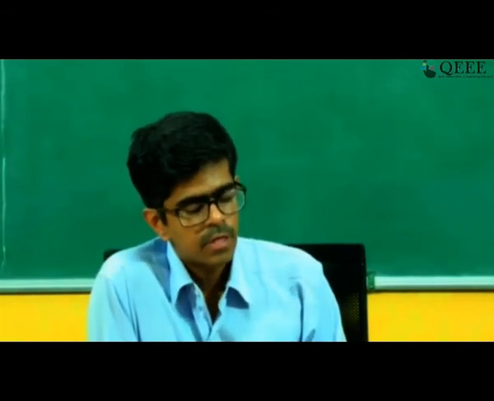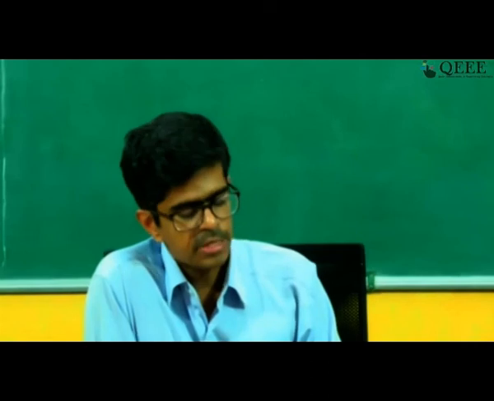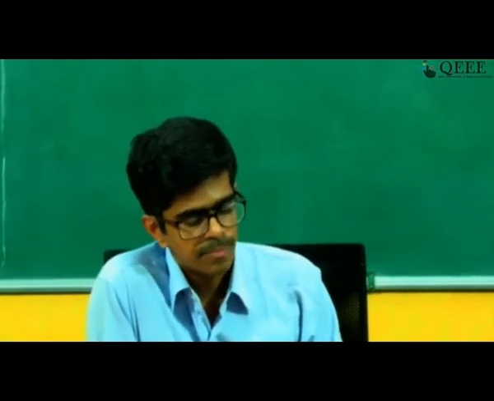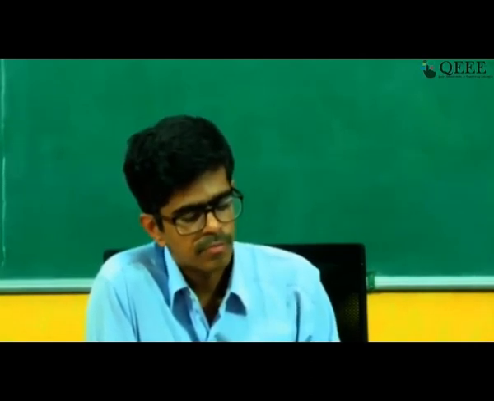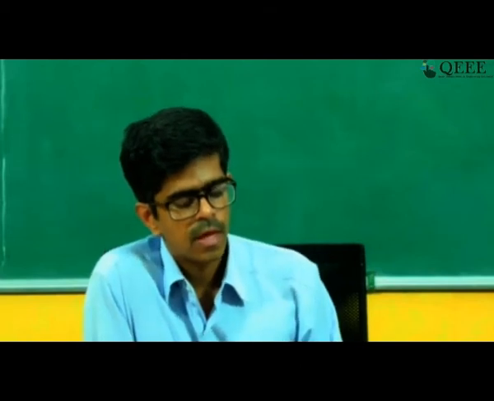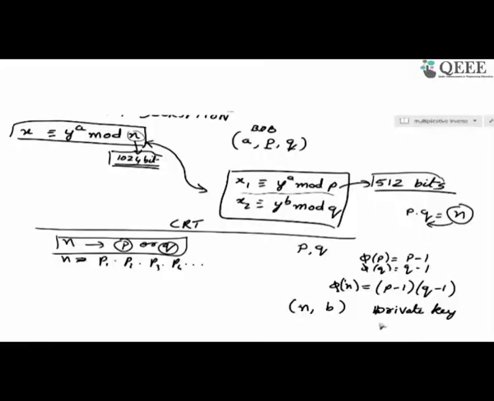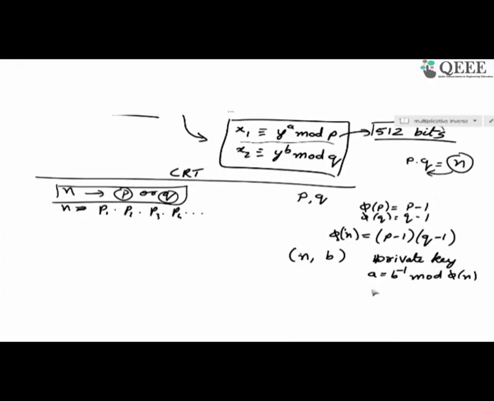Now he knows the public key part, which is n comma B, and he also knows that the private key A is equal to B inverse mod phi of n. In other words, as we have seen earlier, A into B is congruent to 1 mod phi of n.